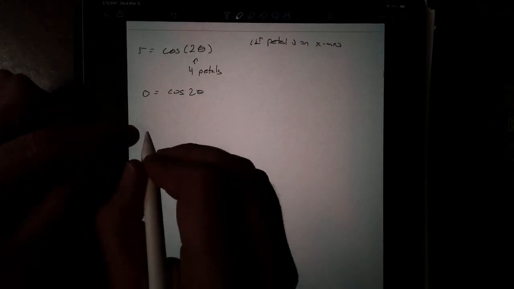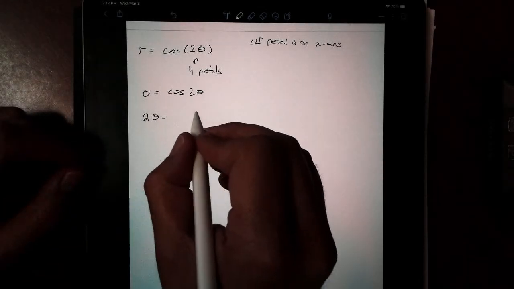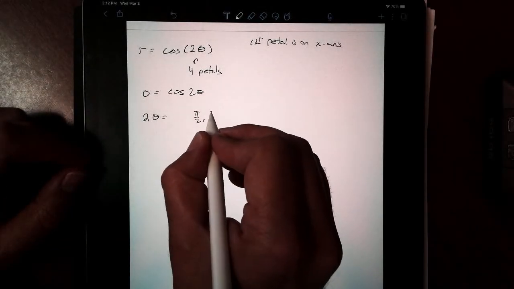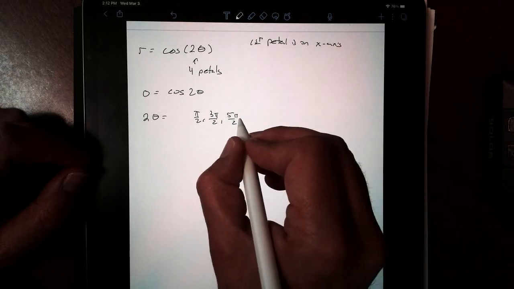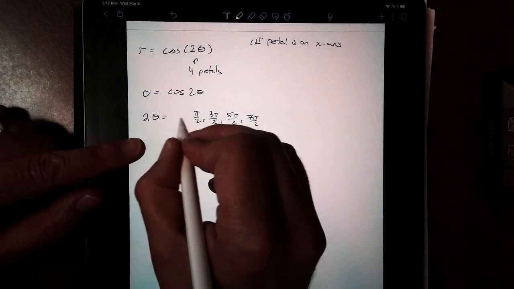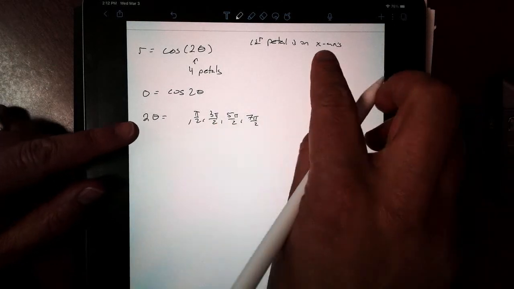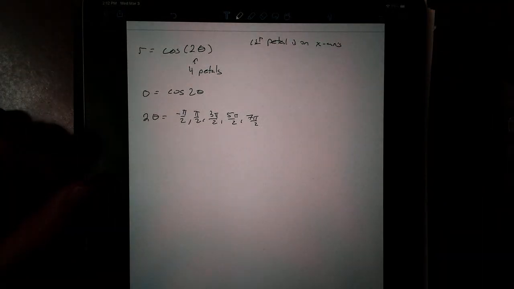So let's take a look here. We would get 2 theta equals, where's cosine 0? Pi over 2, 3 pi over 2, 5 pi over 2, 7 pi over 2. Notice I left a bit of a blank space here, because it has to be on the x-axis, with cosine I actually start off at negative pi over 2.